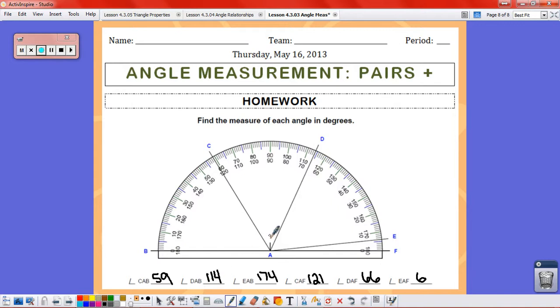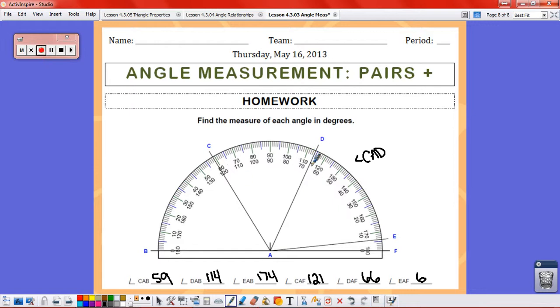The challenge would be, and it didn't actually ask for it, but what would angle CAD be? Because it's not lined up with the 0 edge, so you can't just look at where the angles fall.